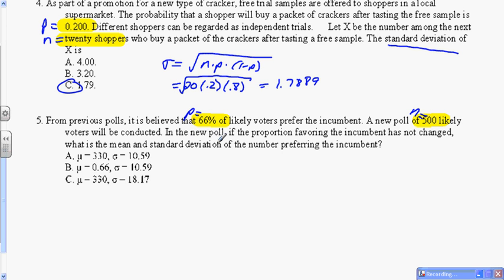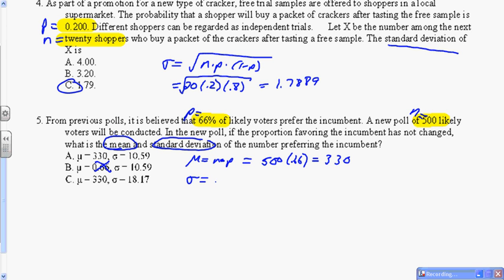In the new poll, if the proportion favoring the incumbent has not changed, what is the mean and standard deviation? Mean is N times P. So it is 500 times 0.66, which gives you 330. That takes this one out.